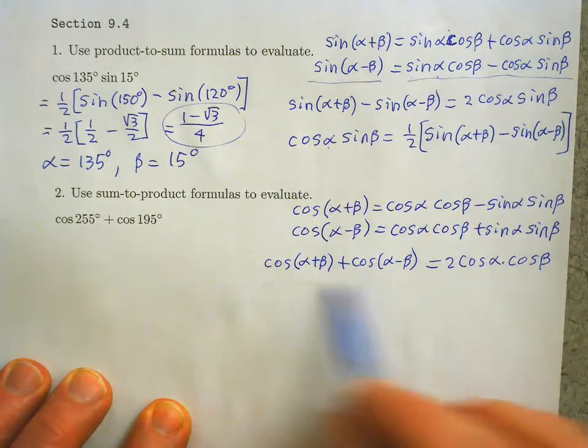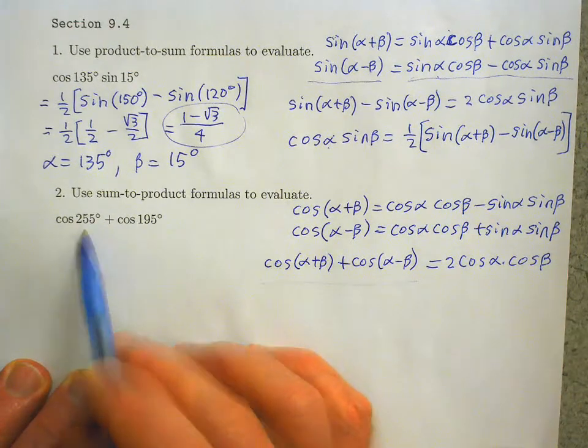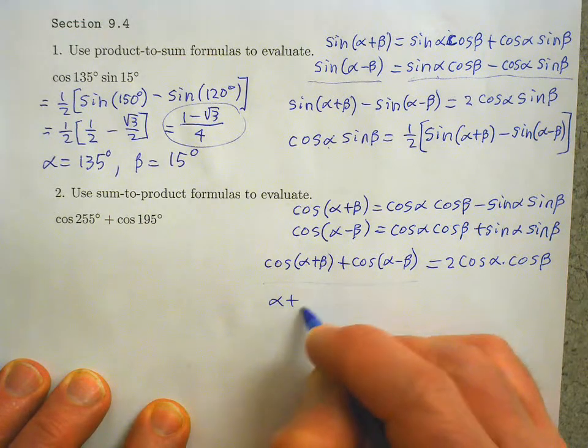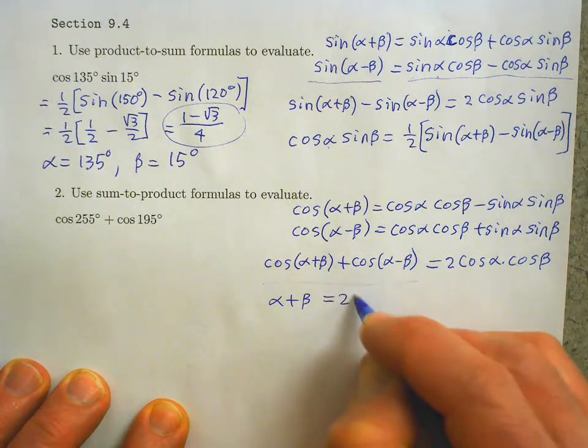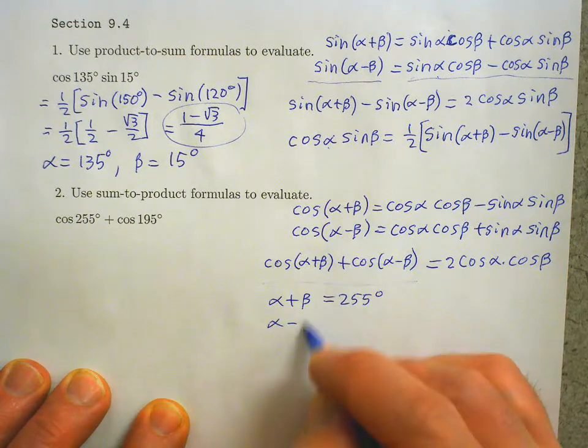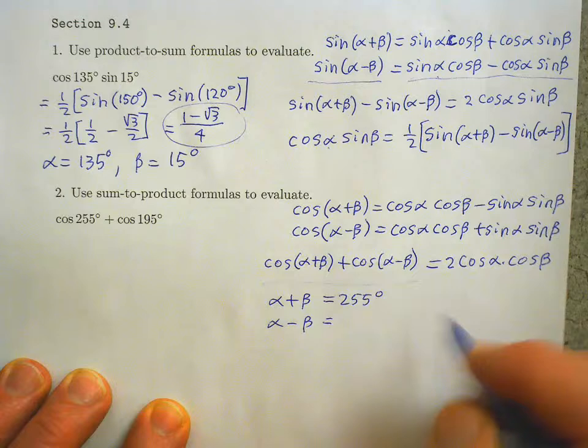Okay, so this is the formula that we want. We want alpha plus beta to add up to 255. So alpha plus beta is 255 degrees, and alpha minus beta is 195 degrees.